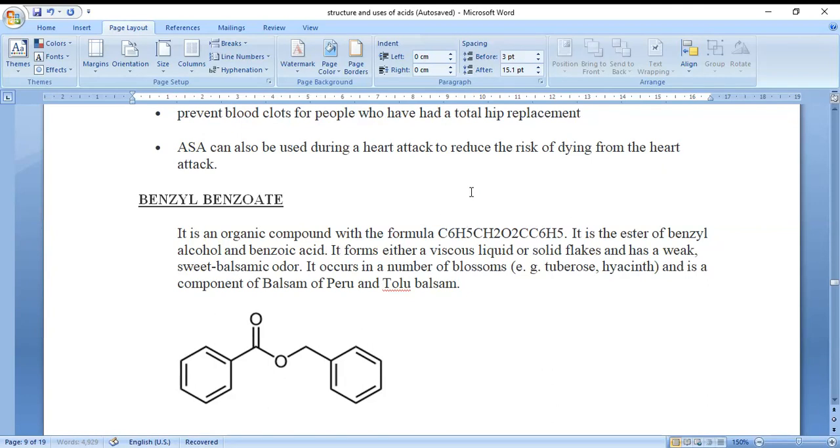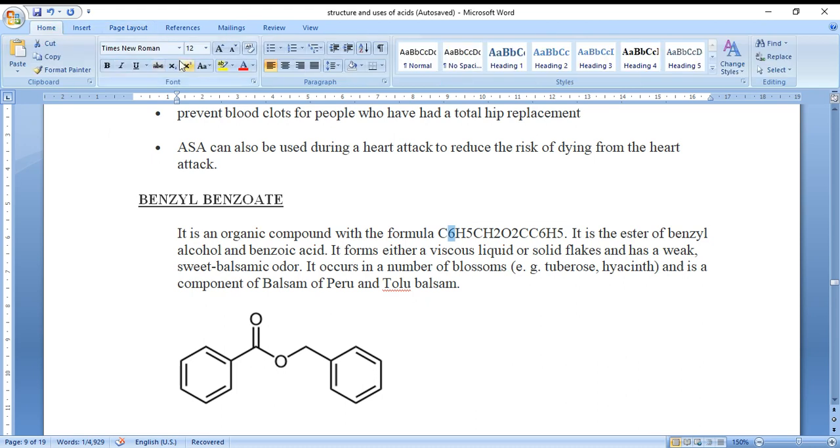And the next compound is benzyl benzoate. In the name itself, it is showing that this is attached with the benzene, isn't it? So one is a benzene and this is a benzoate, that is CH2 C double bond O CH3, which is attached with the benzene. That's why this is called benzyl benzoate.